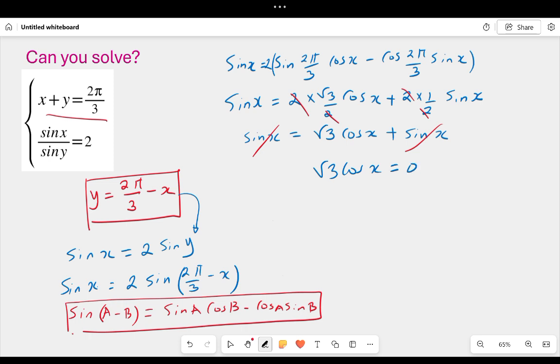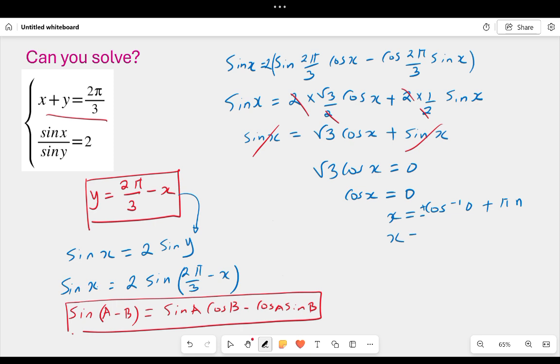Now, therefore, we say cosine x is equal to 0 divided by the square root of 3, which is just 0. All right, so x will be equal to the cos inverse of 0 plus pi n, because cosine is an even function, so we are going to include a plus or minus.